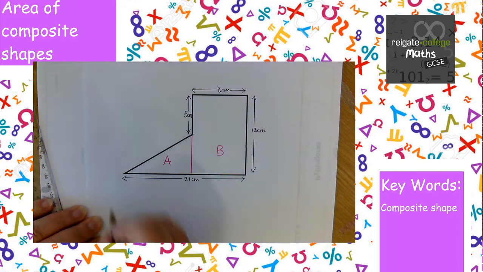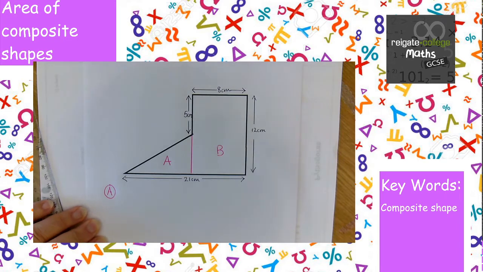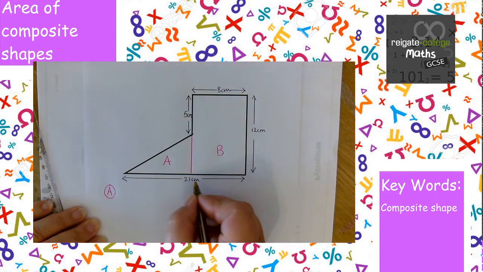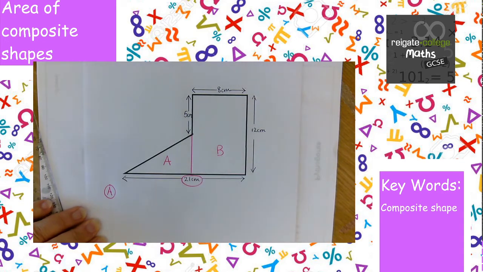I'm going to find the area of each shape. So first of all, A, the triangle. Now this needs me to do a few calculations because although I have the base length of the entire shape, I don't have the base length of the triangle. So I'm going to have to calculate this. The entire base is 21 centimetres.